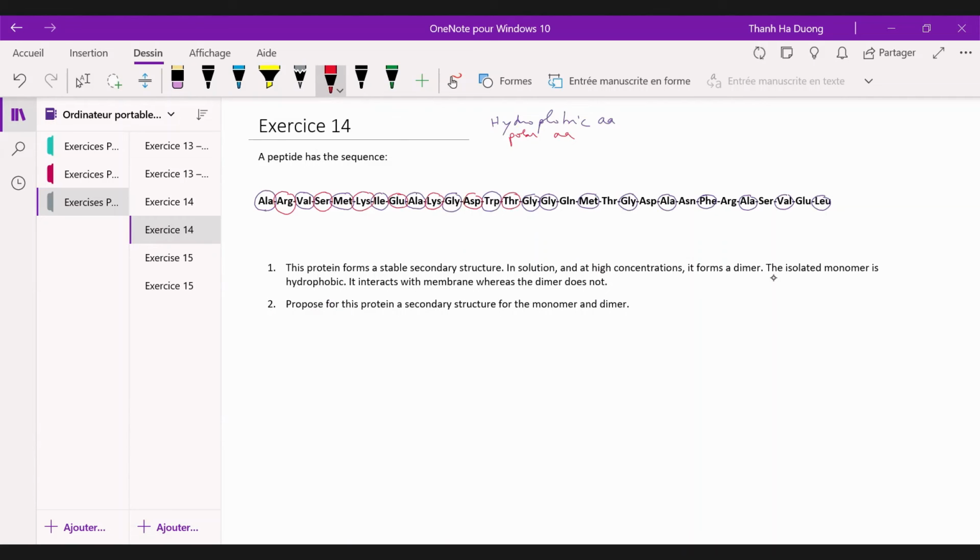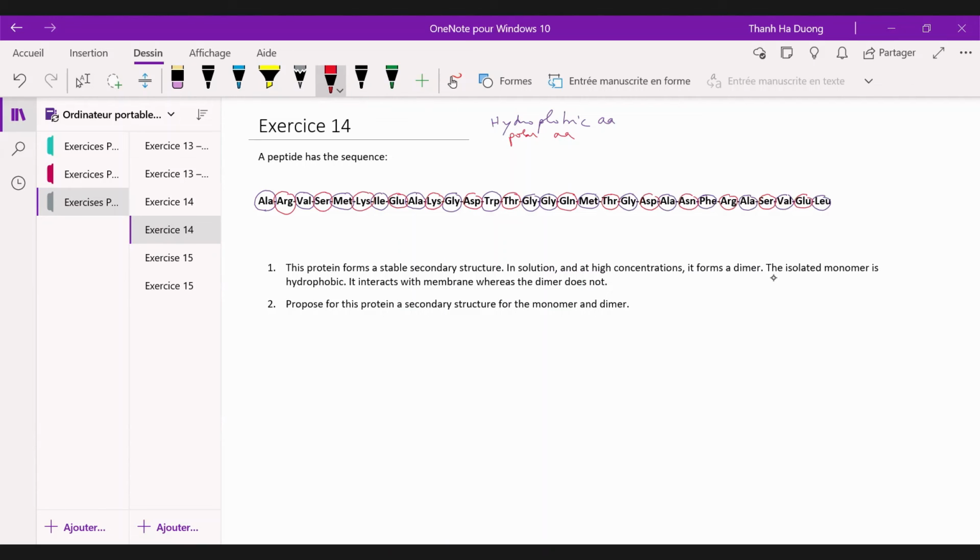Threonine has a hydroxyl group, so it can make hydrogen bond. So you have in this sequence, alternatively, a hydrophobic amino acid and a polar amino acid.